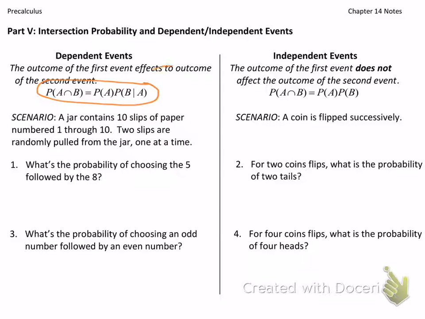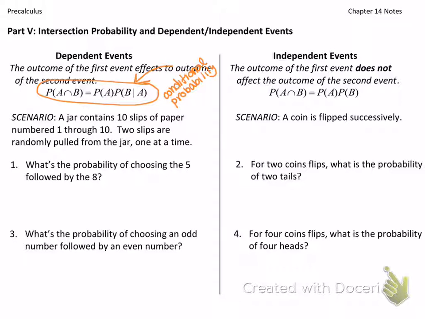This second part is the conditional probability. That is how we represent it. Basically it's saying the probability of B given that A has already occurred. That's what the line in between B and A represents.